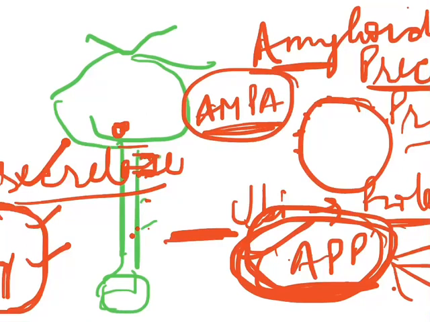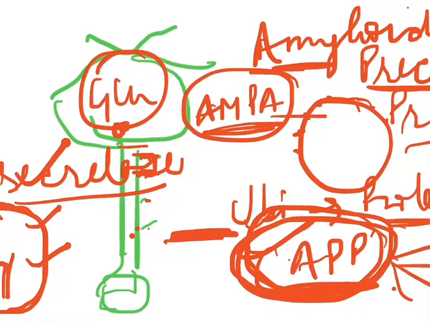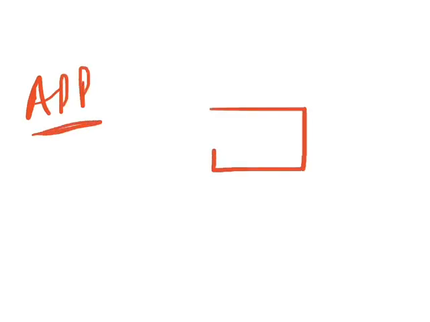If you can recall, the AMPA receptor opens up after the attachment of the glutamate neurotransmitter, right? But now these components of amyloid precursor protein get attached to the AMPA receptor, and in turn open it up.